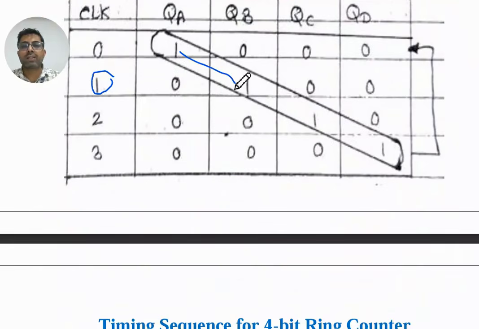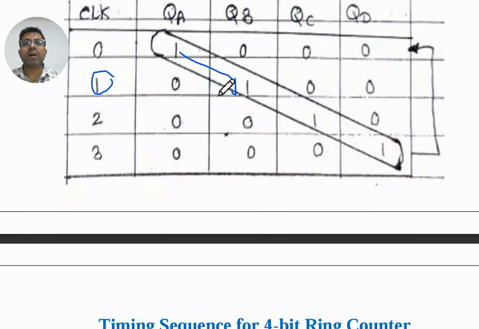So this 1 is shifted over here, 0 is shifted over here, 0 is shifted over here, and student, this QD comes from here to here, because the output of the last flip-flop I have connected as an input to the first flip-flop, right?